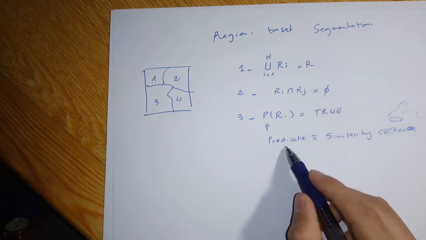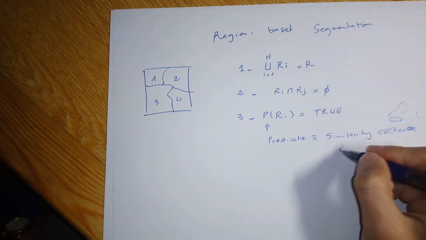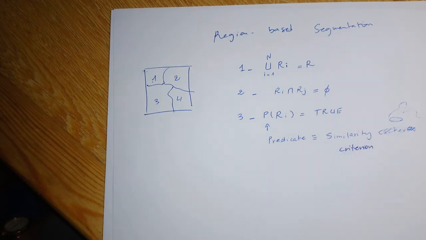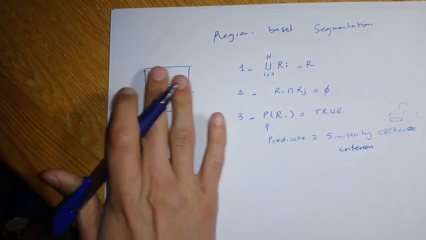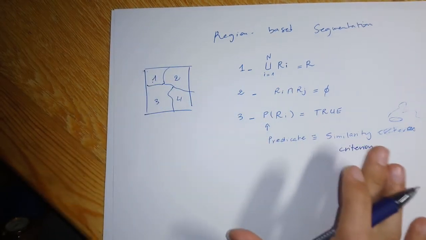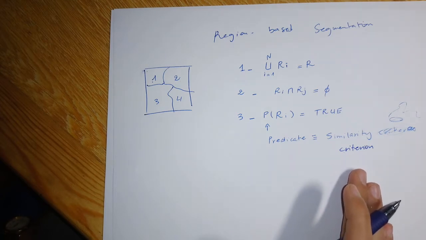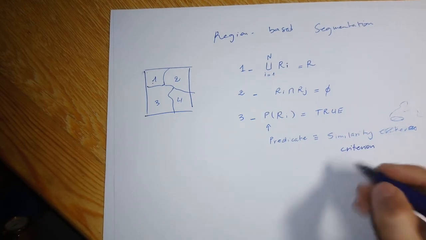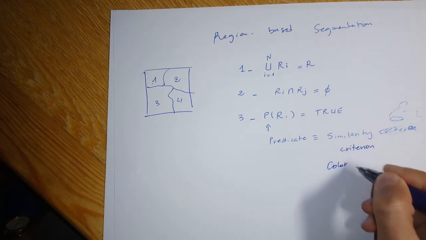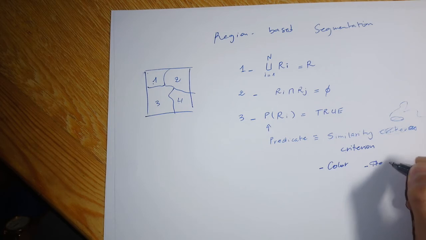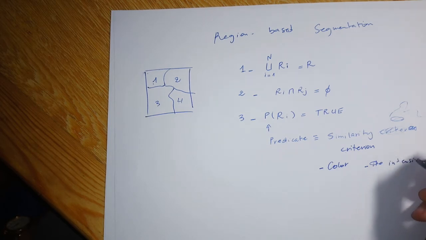So I said that this predicate is a similarity criterion. Each region must satisfy that similarity criterion, which can be related with the property of a region. It can be, for example, a color, it can be intensity level, it can be something like texture.